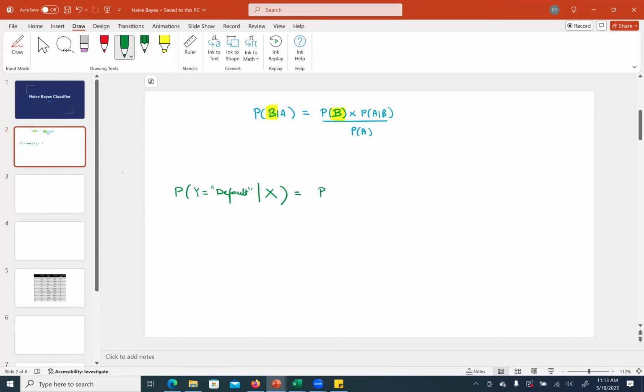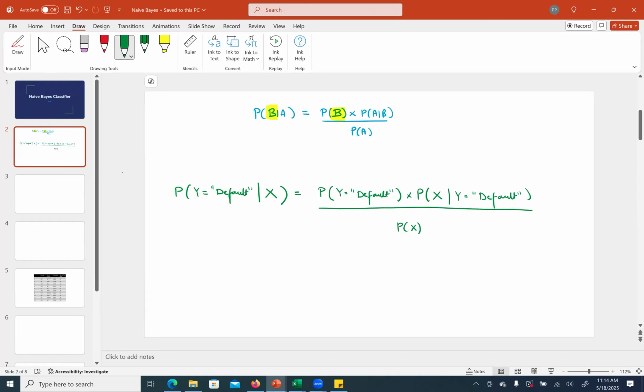If you go by this, what will it be? Probability of y equal to default, multiplied by probability of X given y is equal to default, divided by probability of X, right?